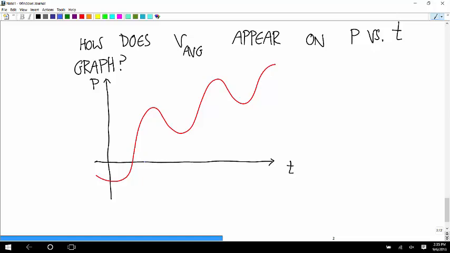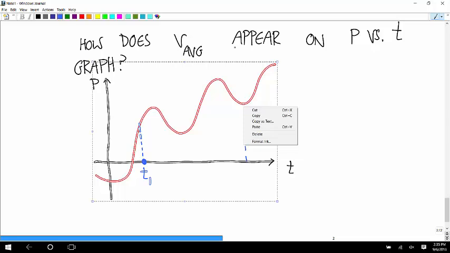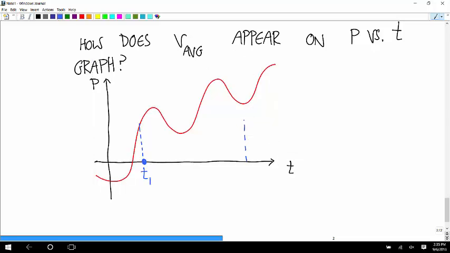And let's say that this is T1. That's the earlier instant. And this is T2.